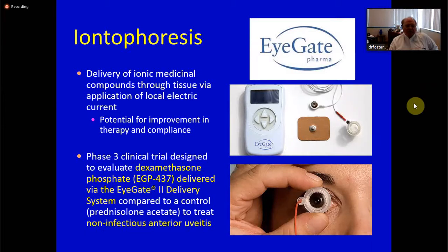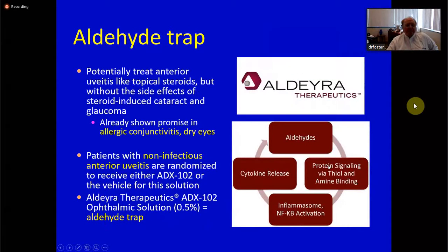They may feel a little buzz or tingle, but this can drive a lot of steroid into the eye extremely quickly. And the aldehyde trap by Aldeyra can be used very effectively to put the stubborn uveitis problem into remission.